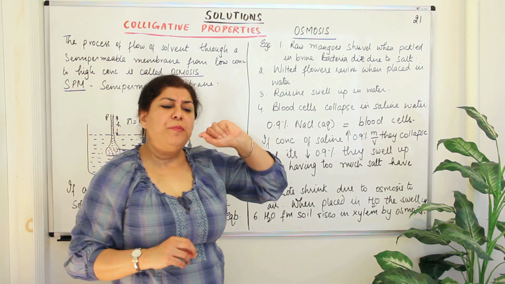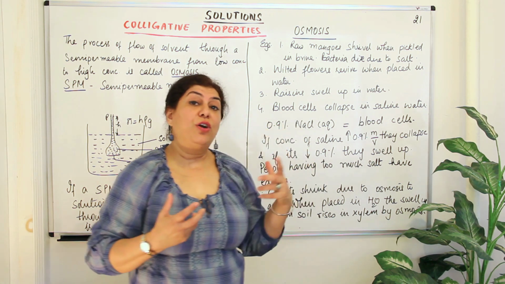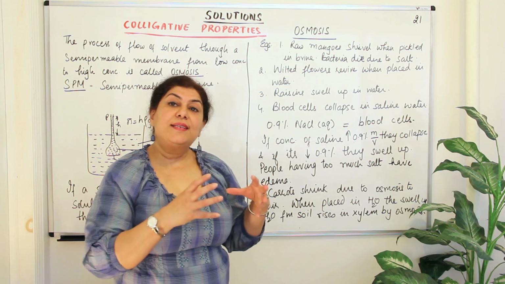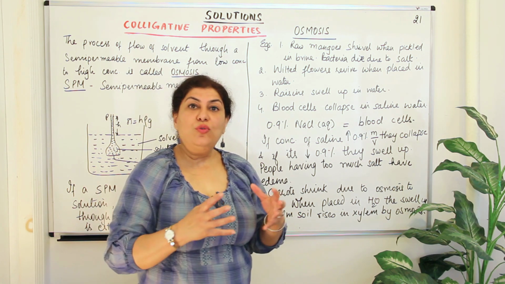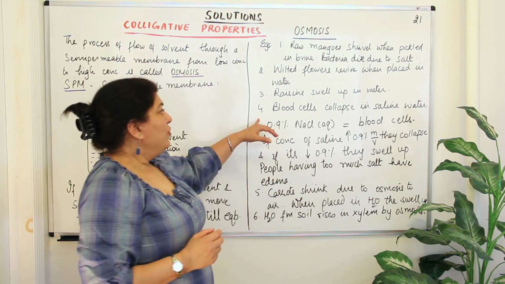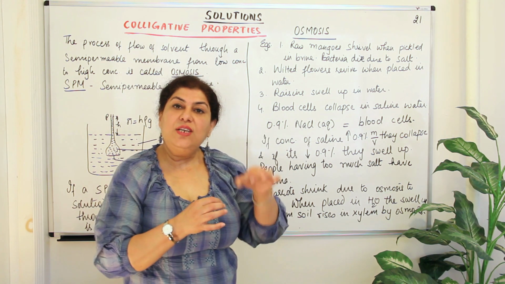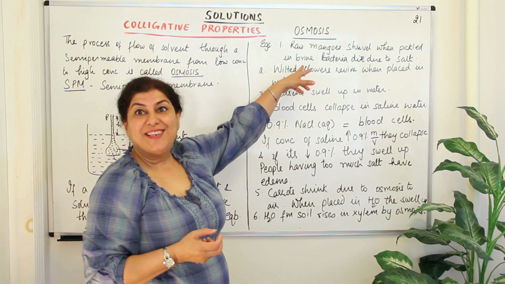Another very, very important aspect of the utility of our knowledge of osmosis is in medicine. Blood cells have a certain concentration, and blood cells are very important for survival. So if you put blood cells in saline water, the salinity of the water will cause exosmosis, just as pickling takes place.